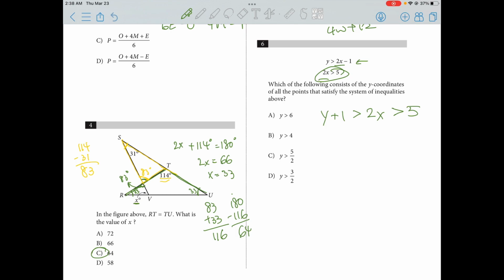Now because they have this in common, we could sort of just not look at it for now. Okay, now we're left with y plus 1. And let's get these two on the same side. That's minus 1. And we have y is bigger than 4, which is b.